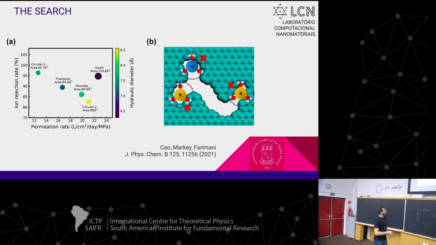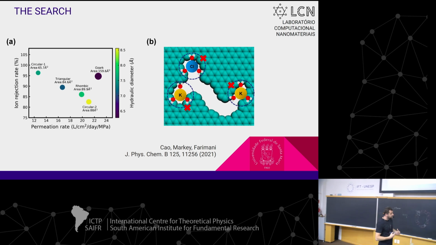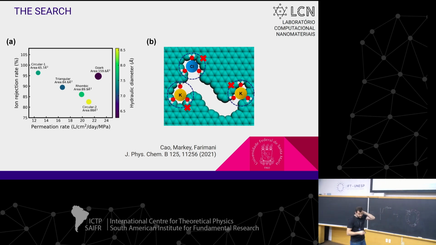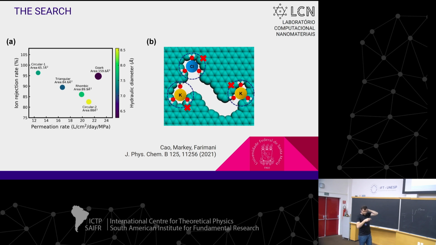Okay, but just to finish in a perspective way, as I told you, the idea of a circular pore is not a great idea. If you try to find the pore that will transport more water, it turns out that this group has used machine learning to find the shape of the pore that will transport more water and reject more ions.